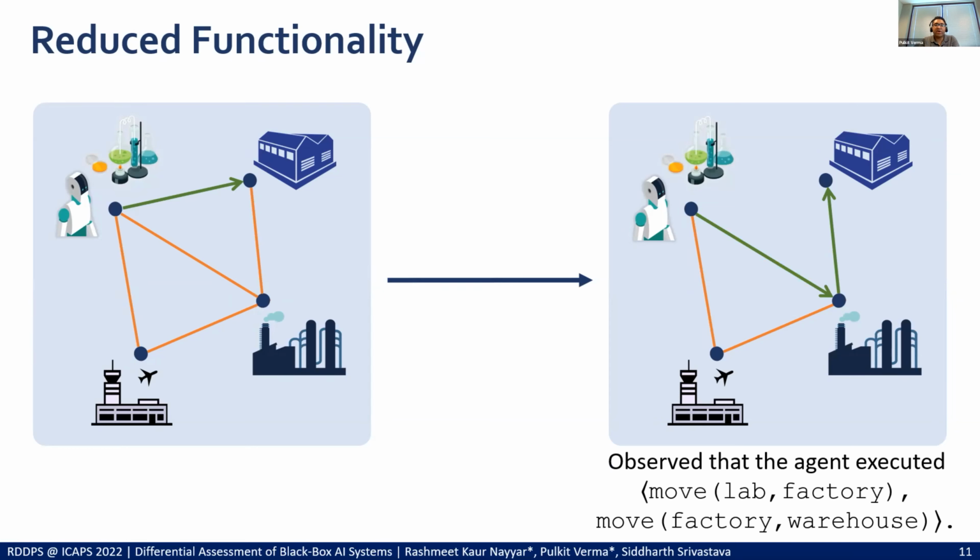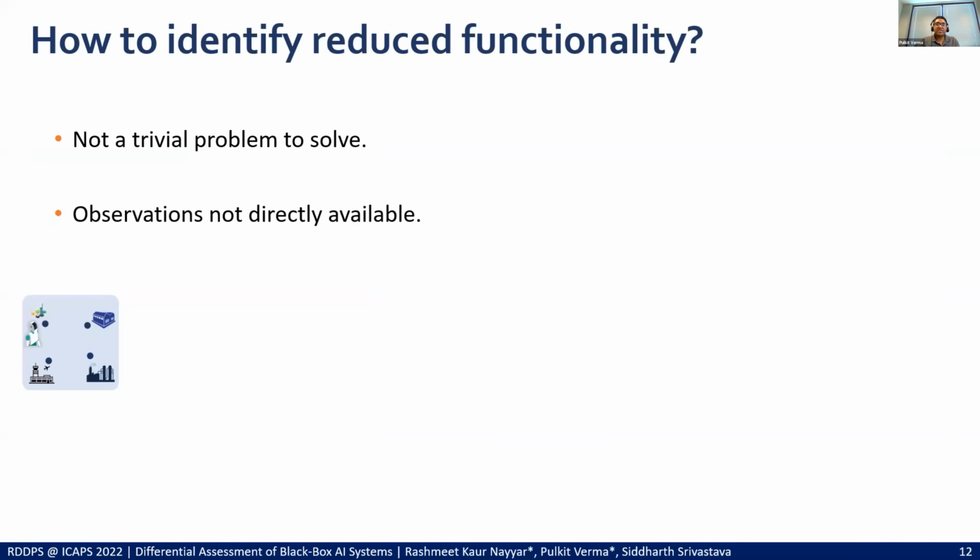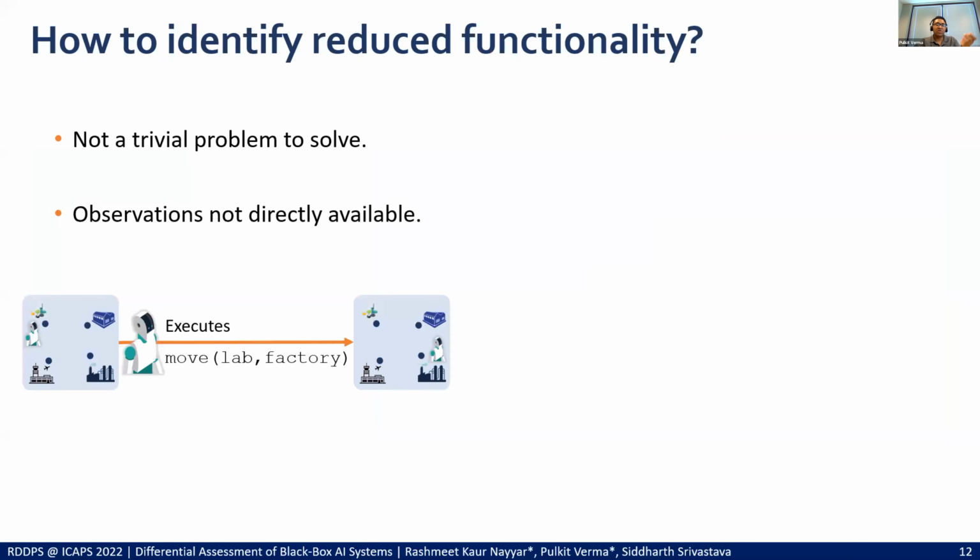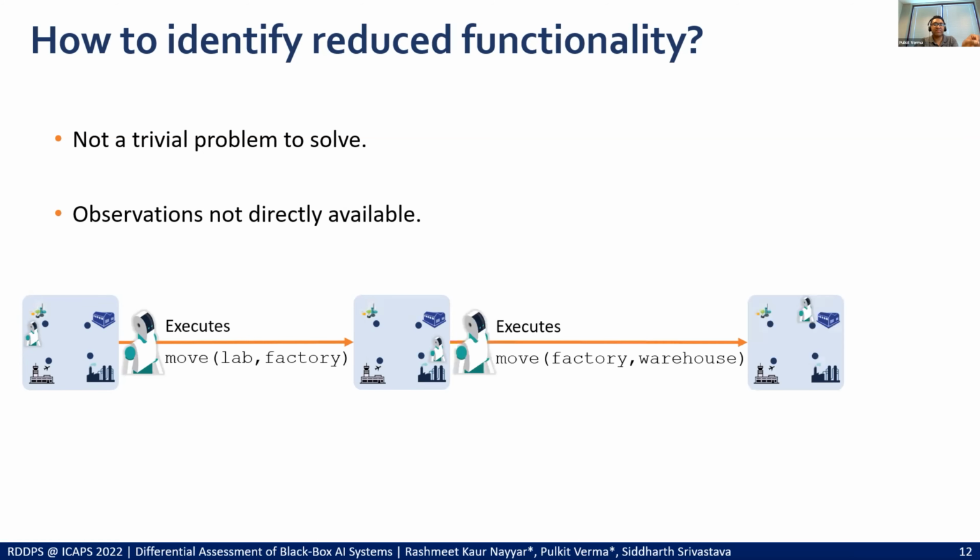And in this case, we will only observe that the agent executes these actions, move from lab to the factory and then move from factory to the warehouse. And it is not trivial to learn from observations that the functionality of the agent is reduced, because what they are going to see is that the robot executed this particular action of moving from lab to the factory, and then another action of moving from factory to the warehouse.